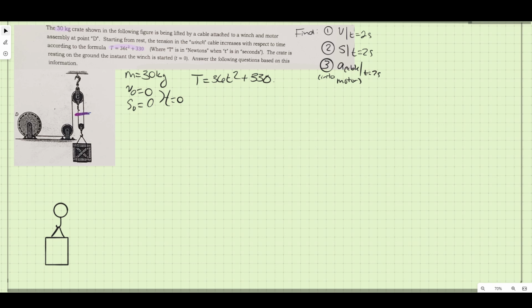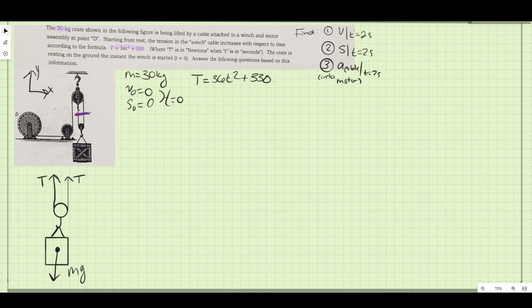And then we'll have tension going up through here as such, and this like that, and these will both be denoted by T. And the only other force that we have acting on this crate is the force of mg going down. This is kind of more of a 1D problem since there really isn't much force in the x, but if we wanted to, we could put in a coordinate system, a y and an x.